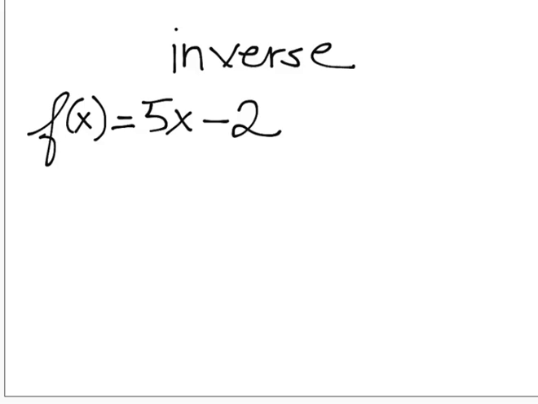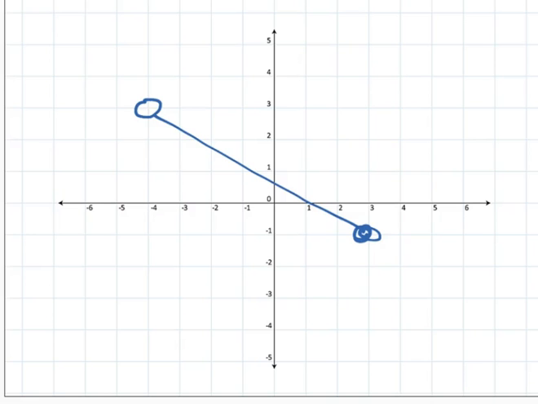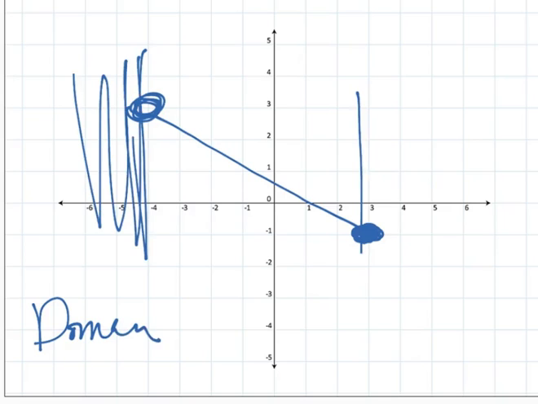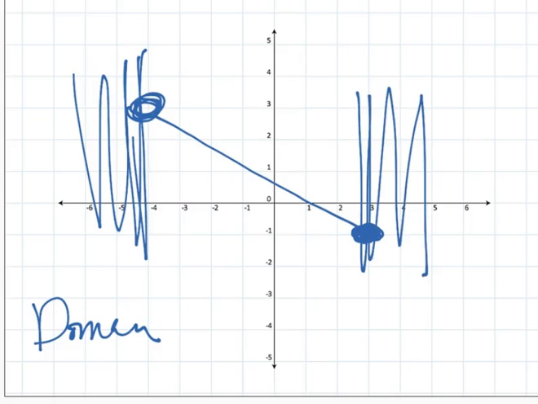Okay? Now let's do a nice easy one. Something very simple like this right here. Okay, so if I am doing domain, I might put my little sticky note right here and right here, and I realize I start at -4, I stop at 3.